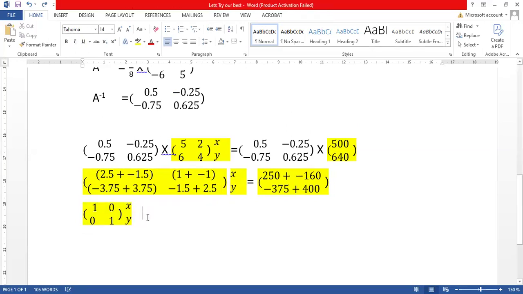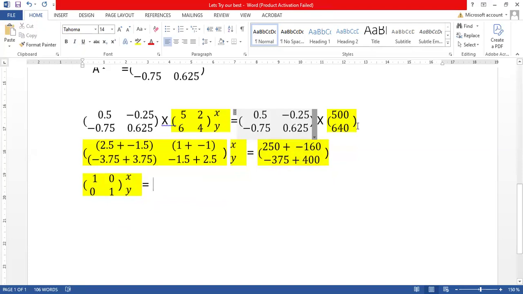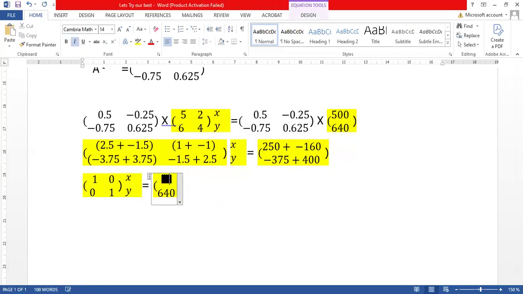So this one will be equal to 410 and 25. The first one is what? 250 plus 160, that is 410? No, 250 plus 160 is 410, but 90 is what we get for the first row. Then the next one is what?